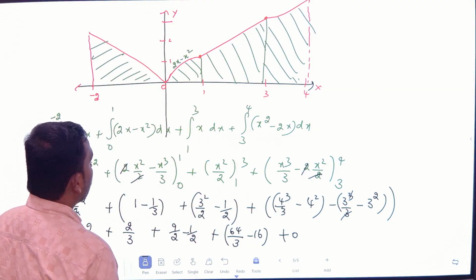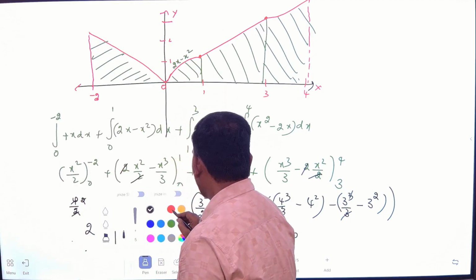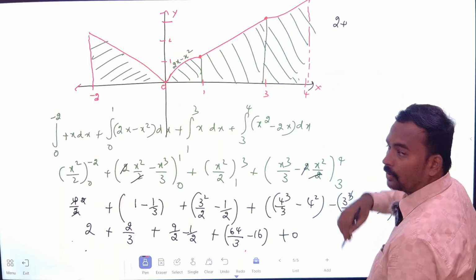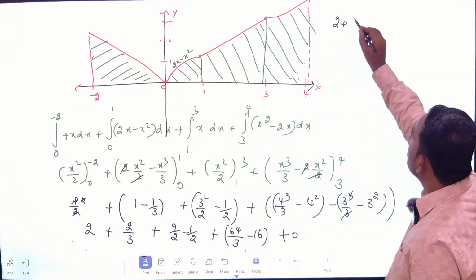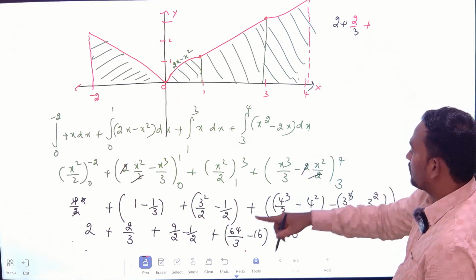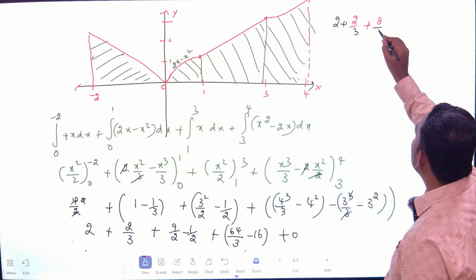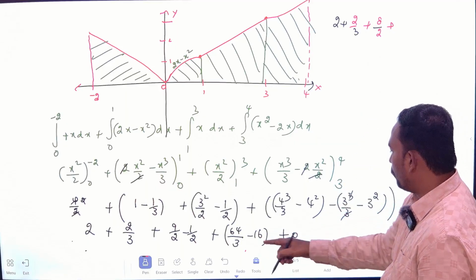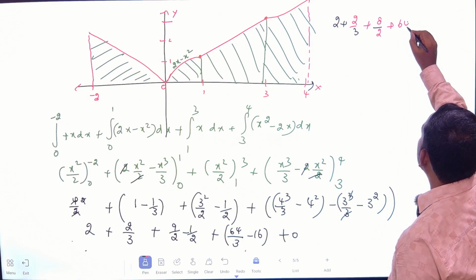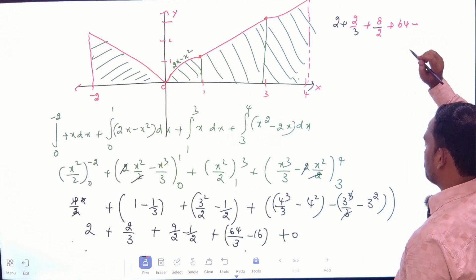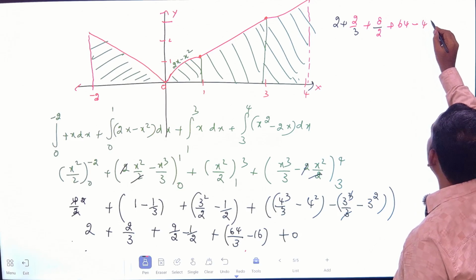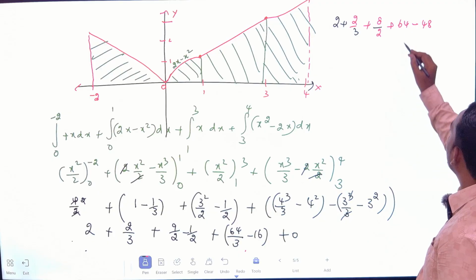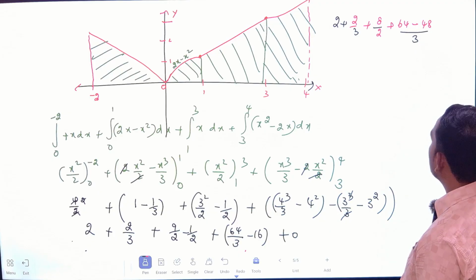Okay, now you have to simplify this quickly. So 2 plus 2 by 3 plus 9 minus 1, 8 by 2, plus 64 minus 48 by 3, that's all, right?